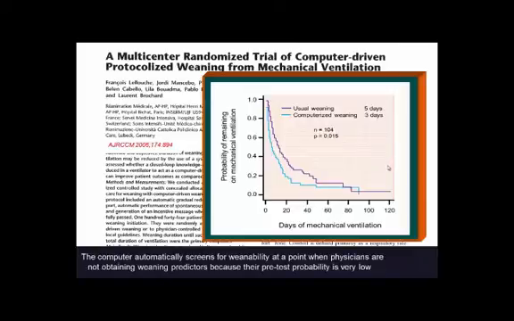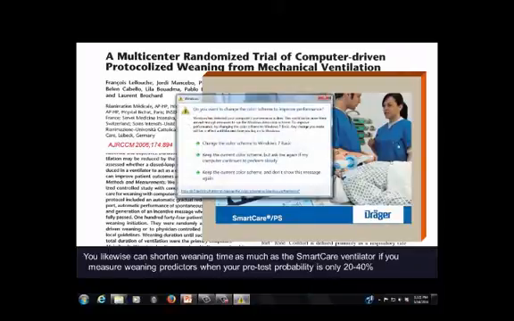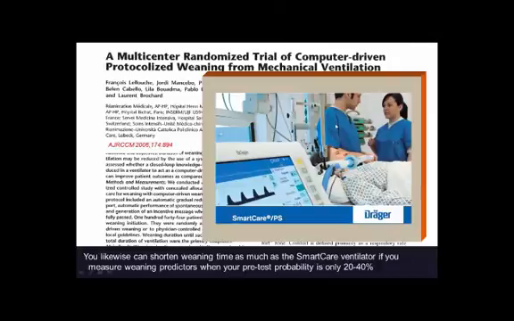They wait for it to be higher, and that's what's happening here. But obviously, if you obtain your weaning parameters when the pretest probability is very low, then you would be able to shorten the ventilator time every bit as much as the SmartCare ventilator. So if you're making your measurements of weaning predictors when the pretest probability is less than 20 to 40%.